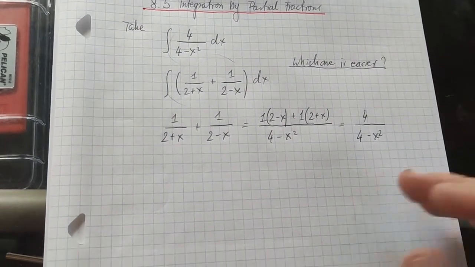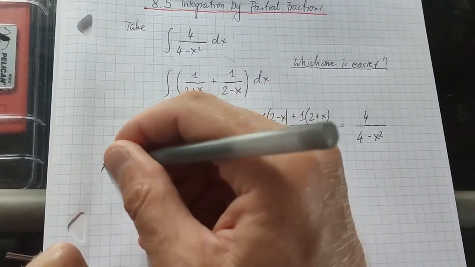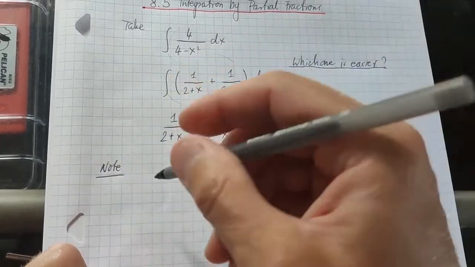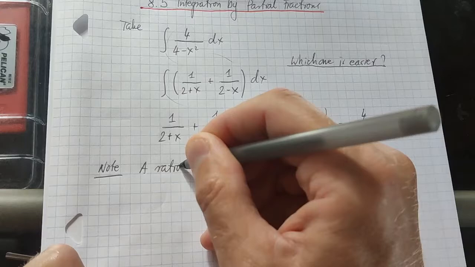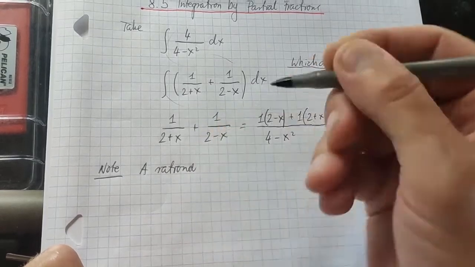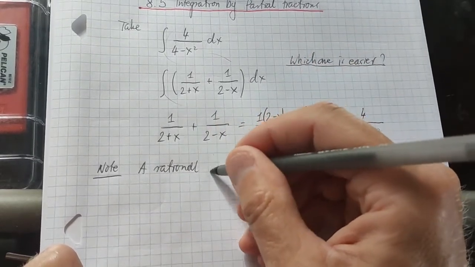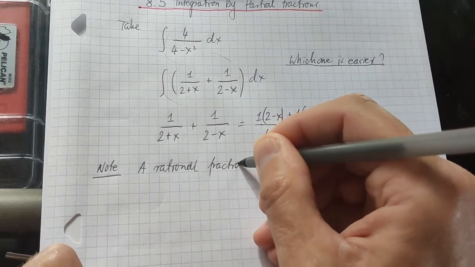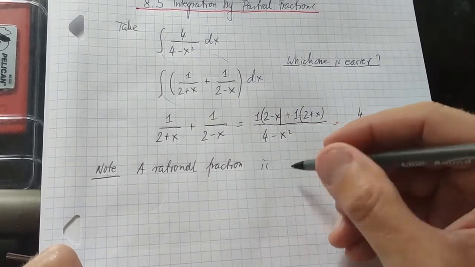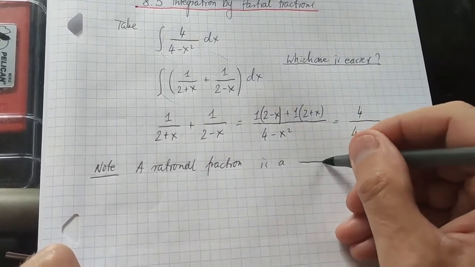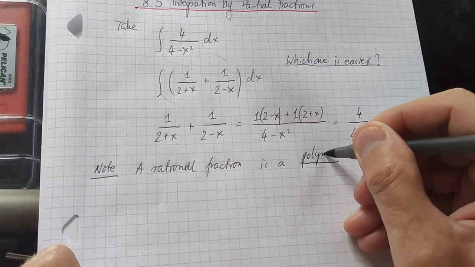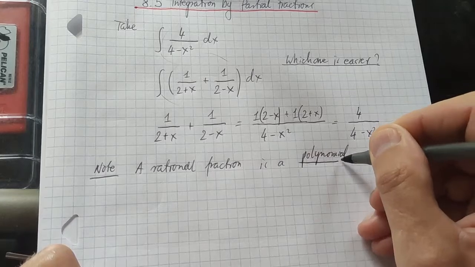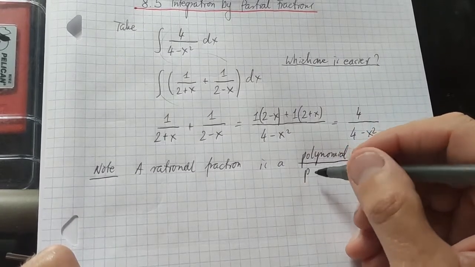Alright, so let's put a little note here. This is a rational fraction, an expression where the numerator is a polynomial and the denominator too.